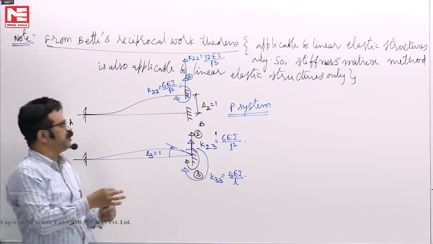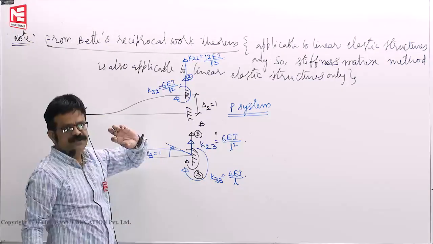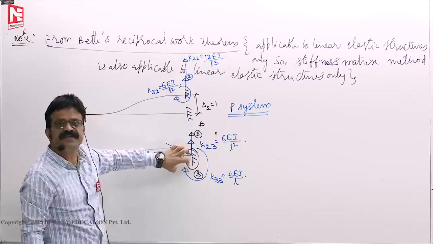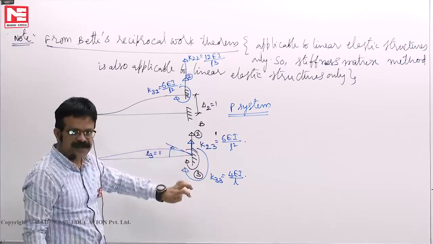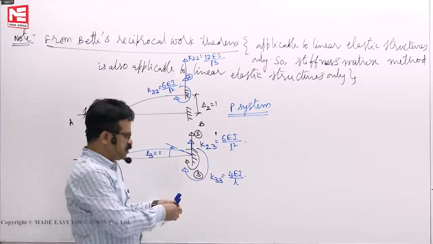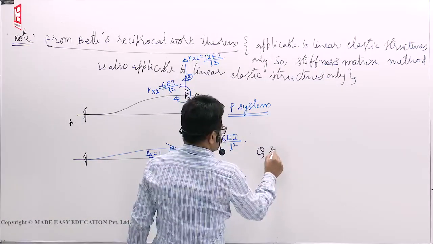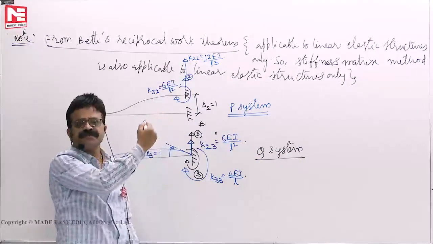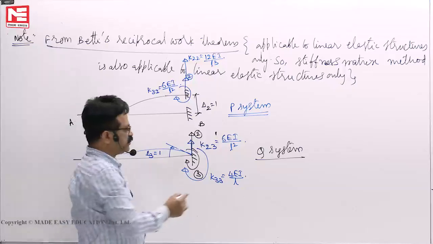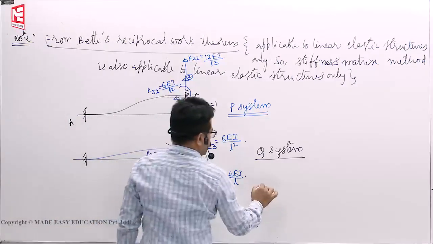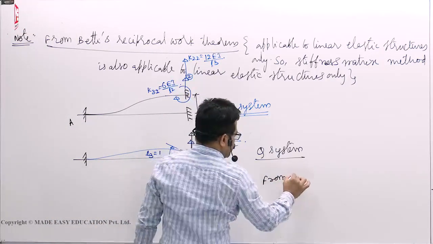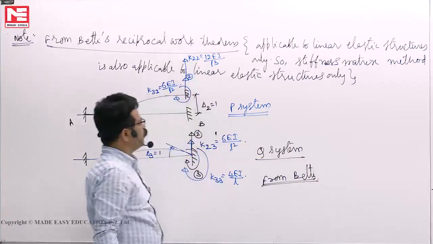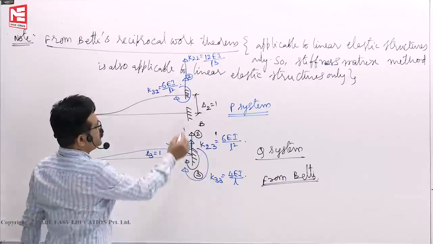Now what reciprocal work theorem tells you is, work done by P system of forces during the displacement of Q forces must be equal to work done by Q system of forces during the displacements of P forces, like that. So from Betti, work done by P system of forces means how many forces we will consider?